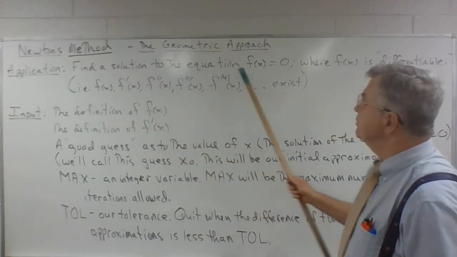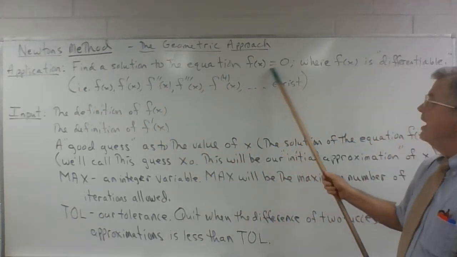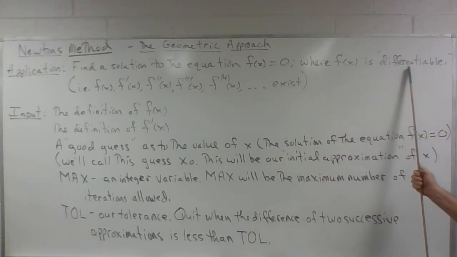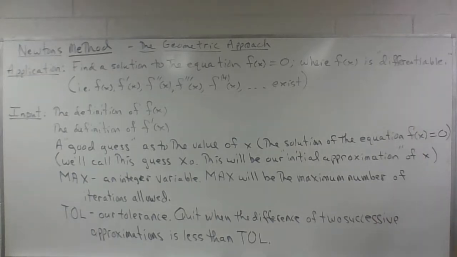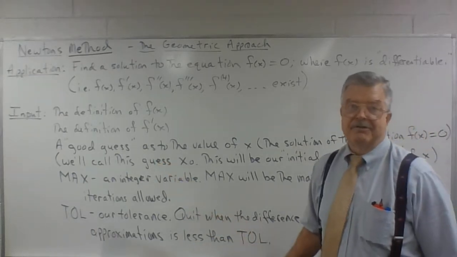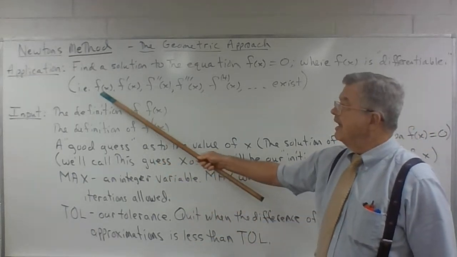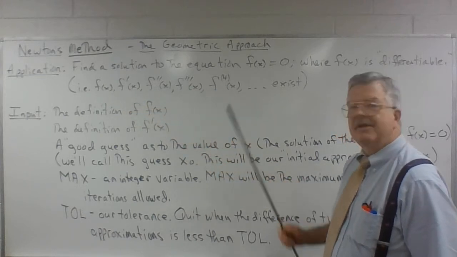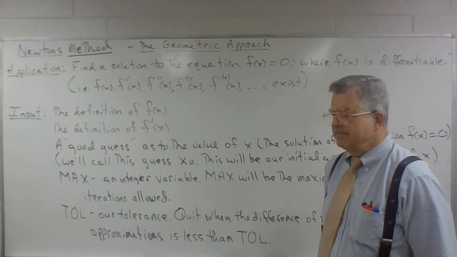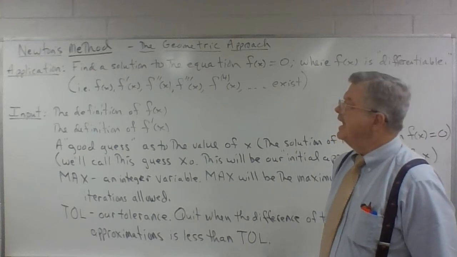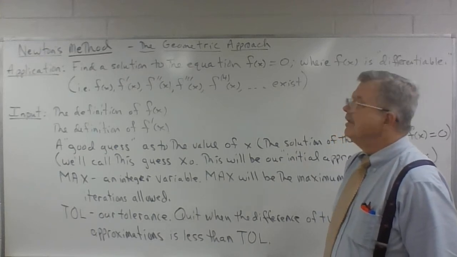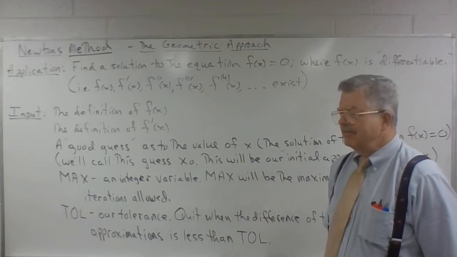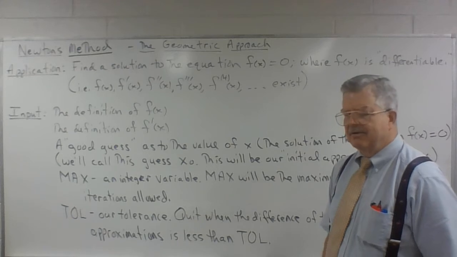We want to find the solution to the equation f of x equals 0, where f of x is differentiable in the sense that all of its derivatives exist: f of x, first derivative, second derivative, third derivative, and so forth. At least that was the stipulation when we were looking at it from the Taylor series perspective.